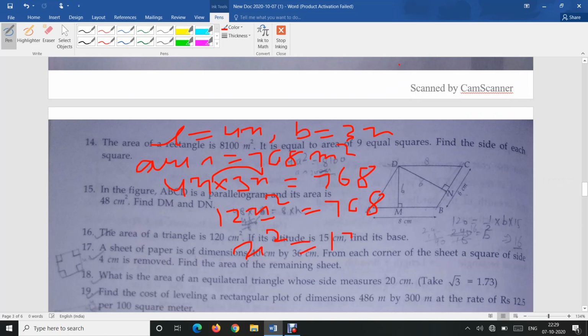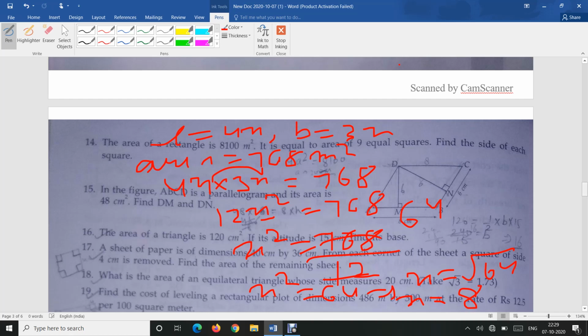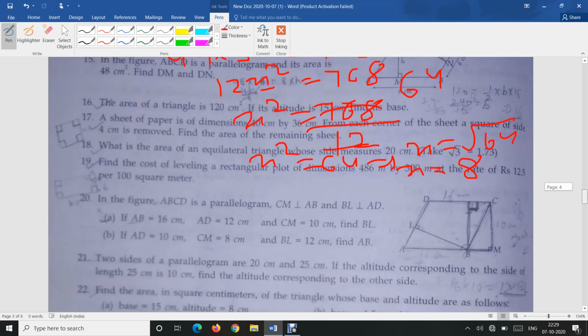From here you can find the value of x square, which will be equal to 768 upon 12. So it will be 12 sixes are 72 and 12 fours are 48. Now x square is equal to 64, that means x is equal to square root of 64, that means x is equal to 8.